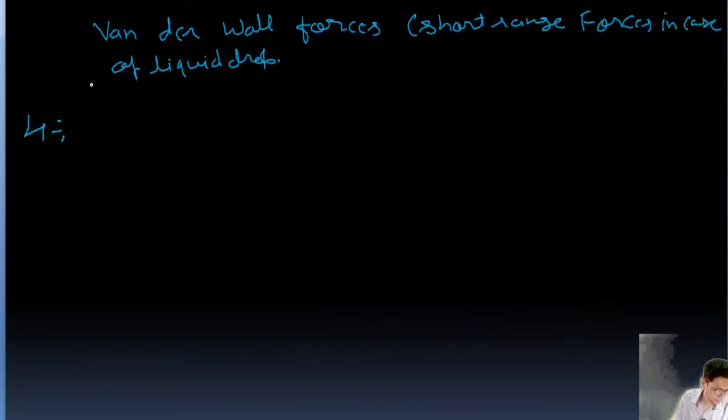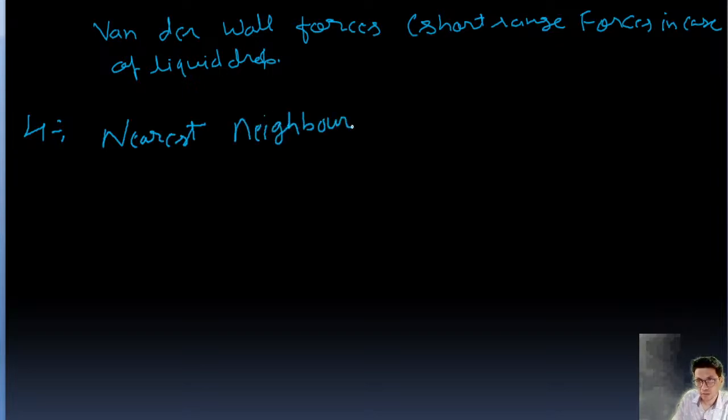Fourth point is nearest neighbor interaction. They have the saturation property, because they interact with nearest neighbors and then this gets saturated.